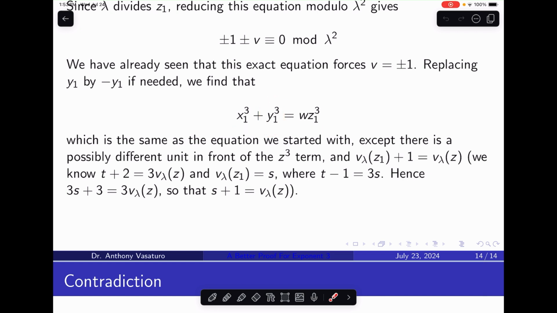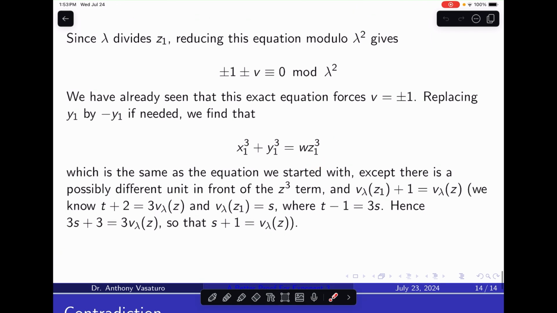Perfect. This is the exact equation that we started with, except there's a possibly different unit in front of the z term on the right-hand side. But more importantly, what is the lambda-adic valuation of z1? It's 1 less than the lambda-adic valuation of z.